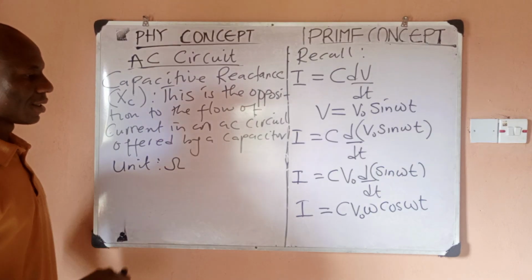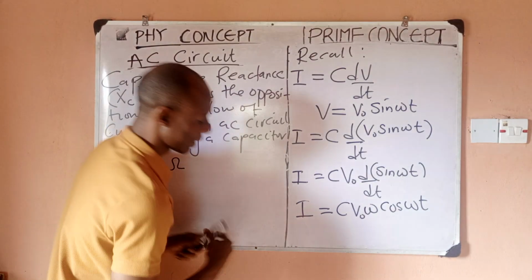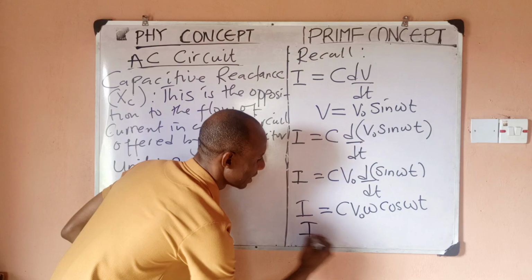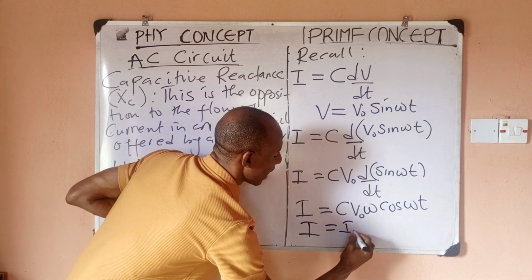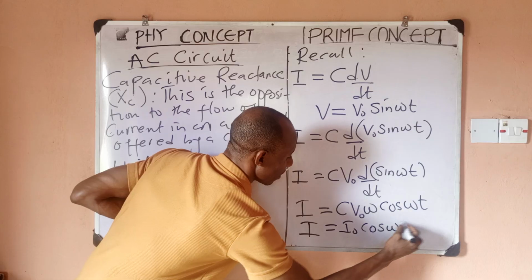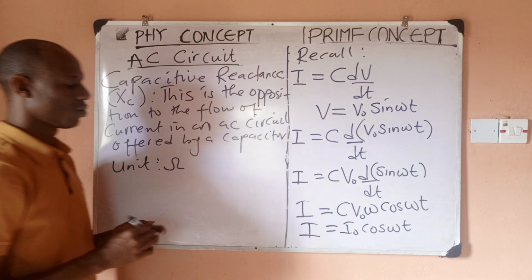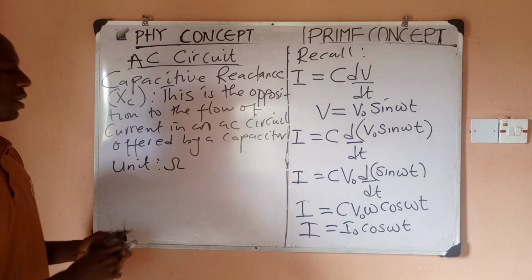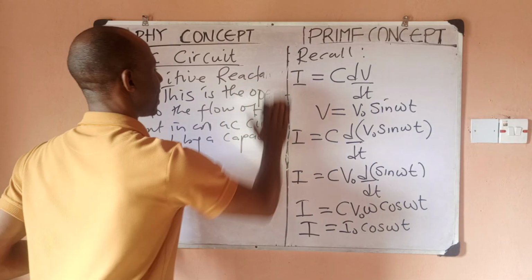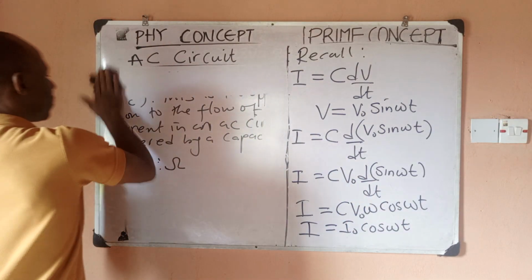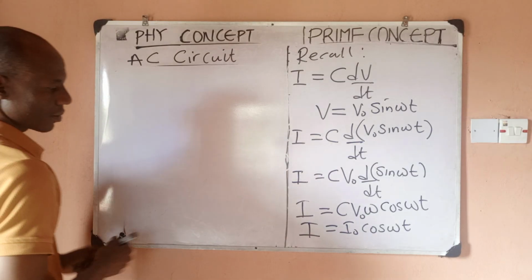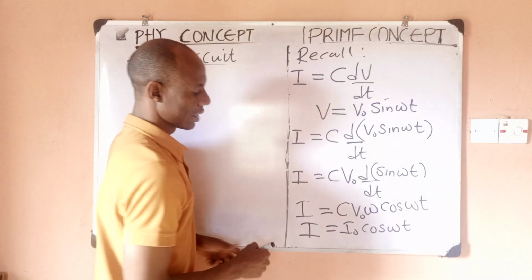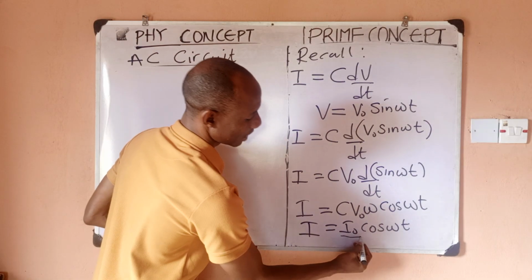Better still, we can write the standard form, saying that current I would be I naught cos omega t. This would be our current, right? If this is the standard form of the current, then it simply means that our peak current can be compared.